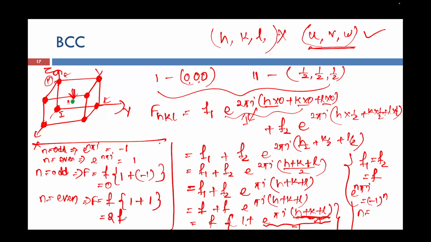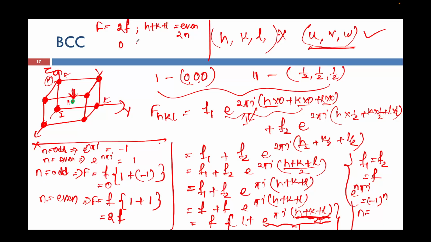So this gives me the condition for the structure factor for BCC. So what is the structure factor for BCC? This will be 2F when h plus k plus l is equal to even, or if you want, 2n, right?